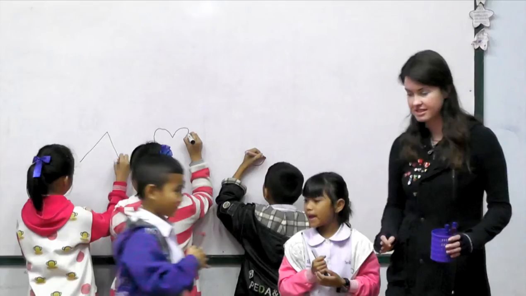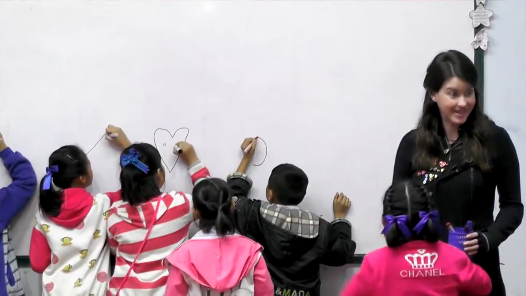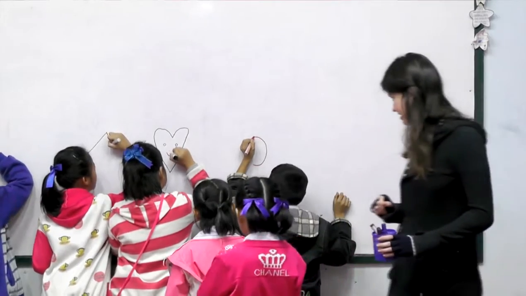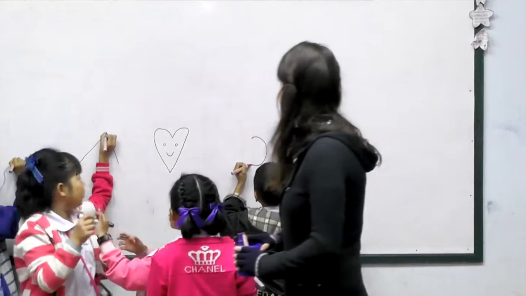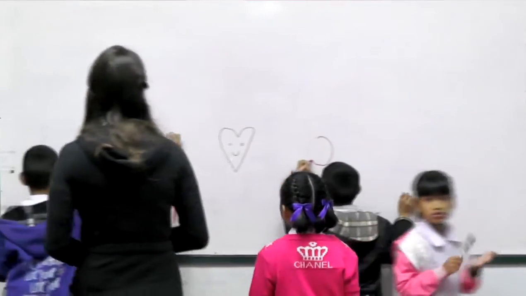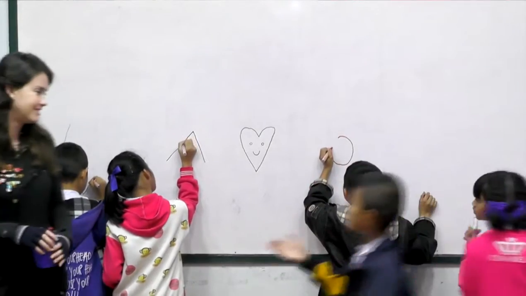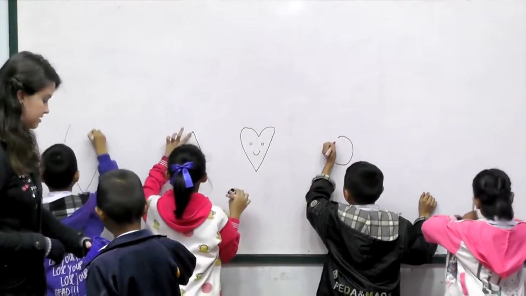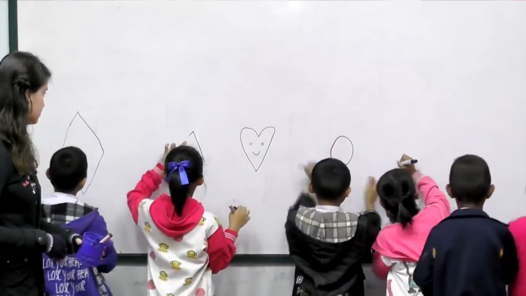What can you draw for us? Square? Okay. Great job, friends. Looking good. We've got a heart with a little face on it. Oval? Okay.